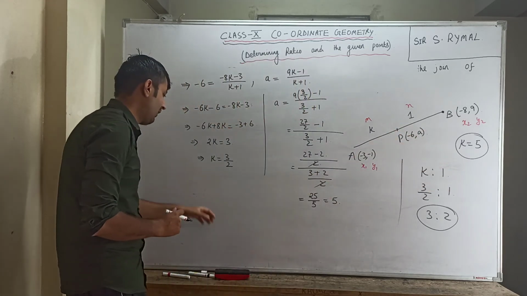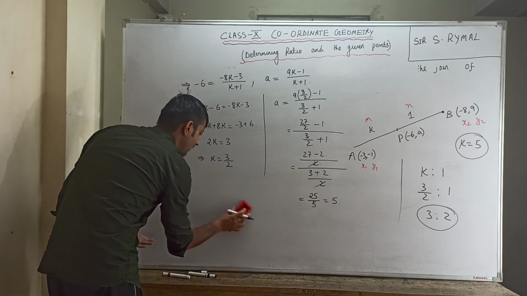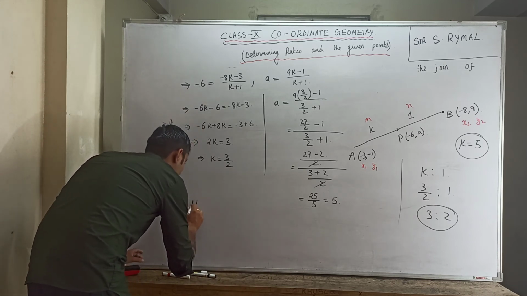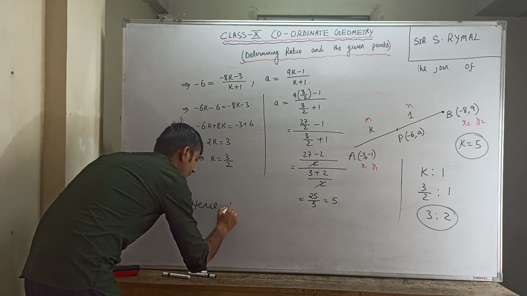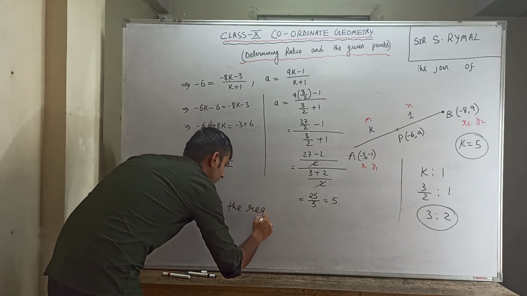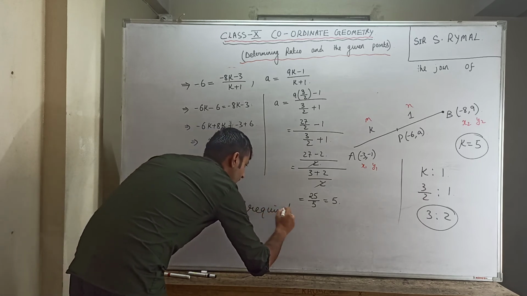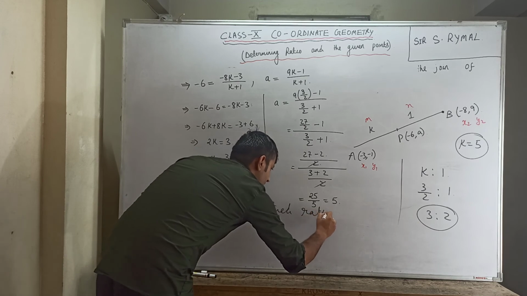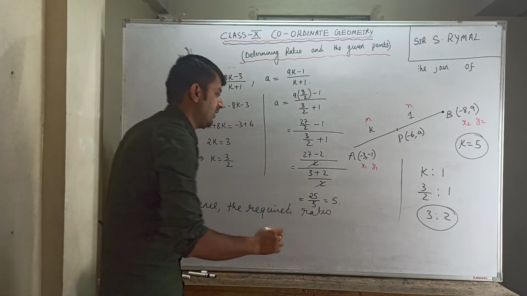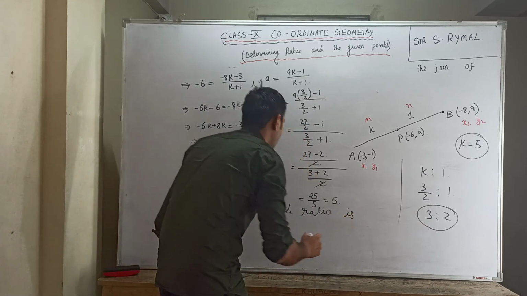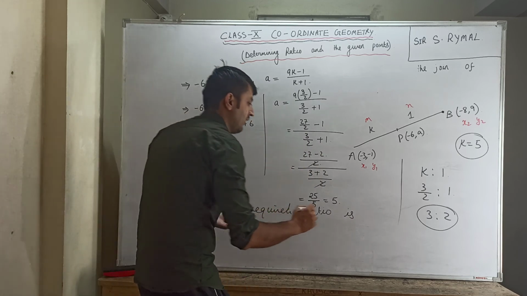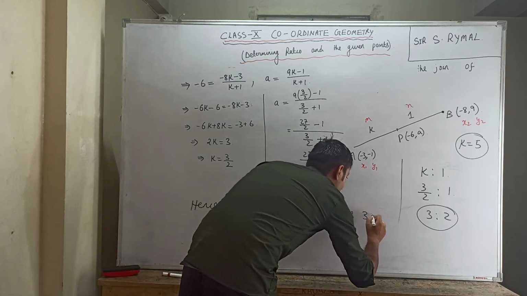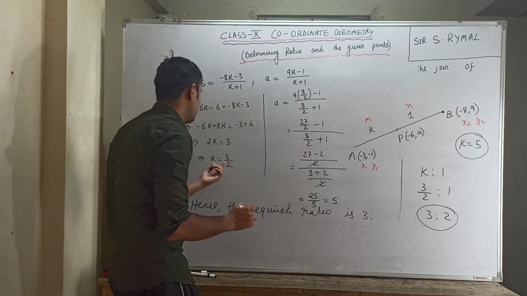So let us write down the conclusion for this number. Hence, the required ratio is 3 is to 2.